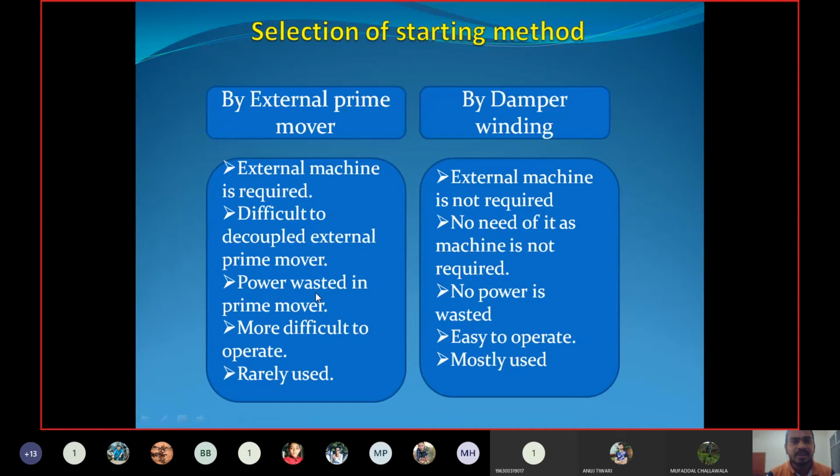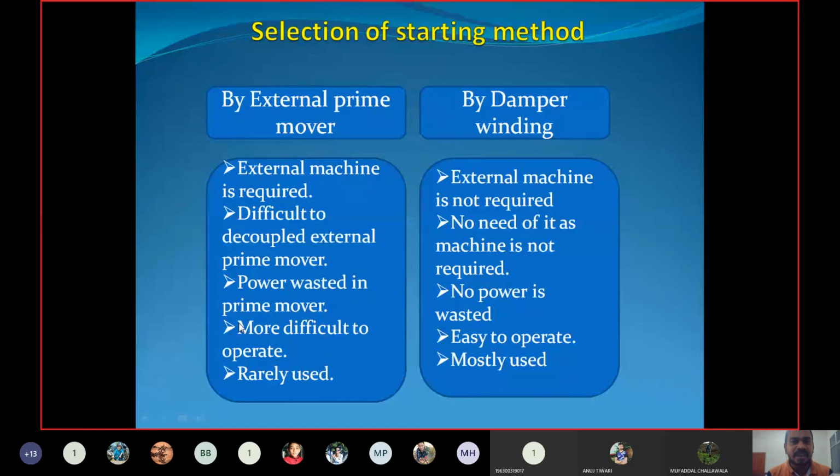In the external prime mover method, power is wasted in the prime mover, because power is given to the prime mover to run the rotor of the synchronous motor. Whereas in damper winding no power is wasted, because no external prime mover is required.